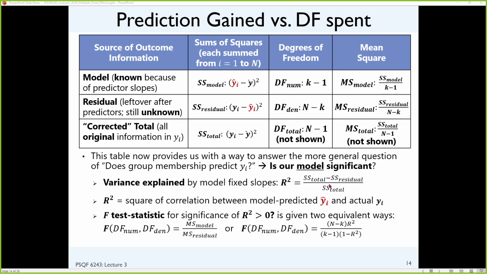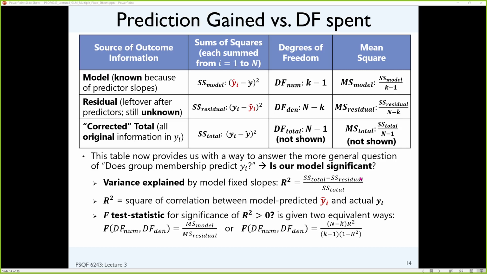So this is interpreted as a proportion. It is the proportion of total variability your model has explained. So if my R square is 0.2, then my model has captured 20% of the variance in my outcome, and there's 80% left over that I don't know why.